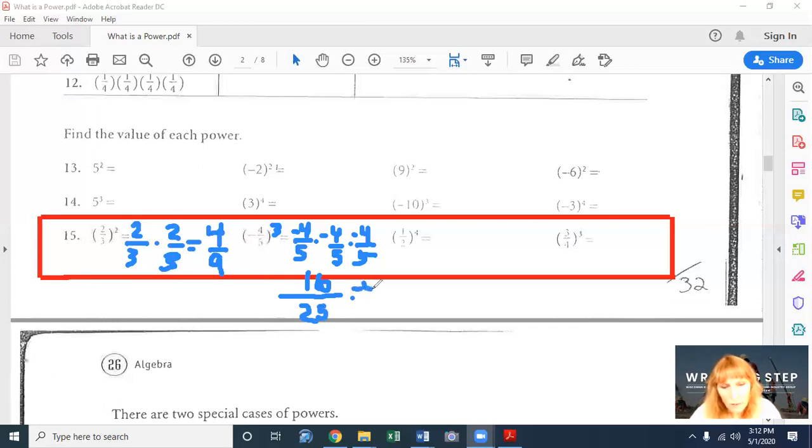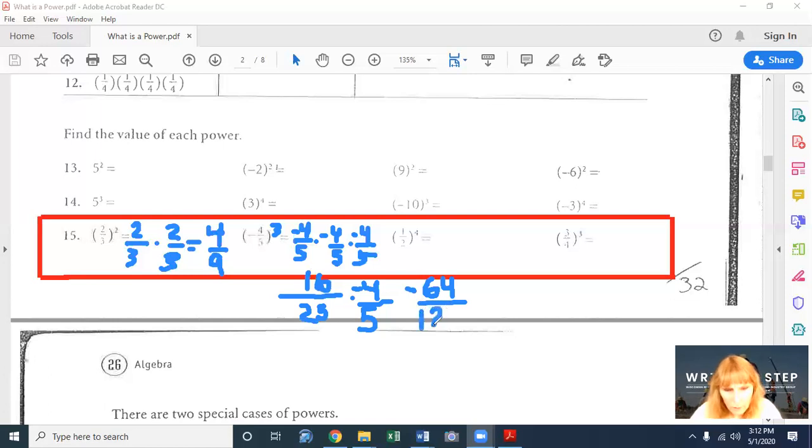So let's put that in there, negative 4/5. 16 times 4 is 64, right? That would be negative 64 because now I'm multiplying a positive times a negative. That's the top value. The bottom value would be 25 times 5, that would be 125.